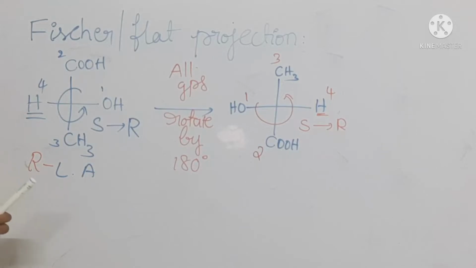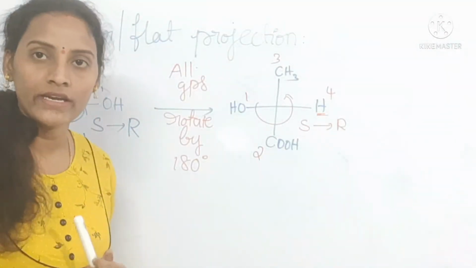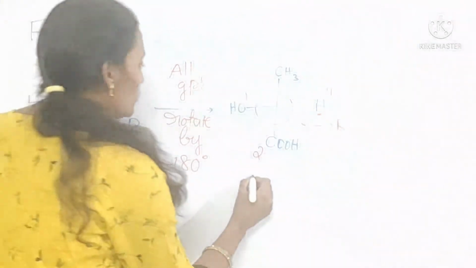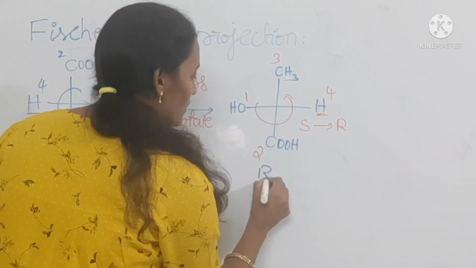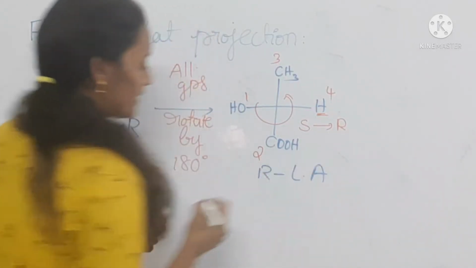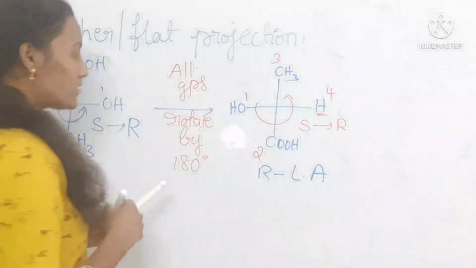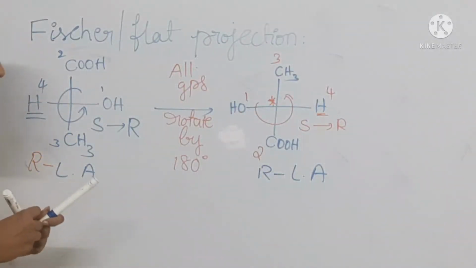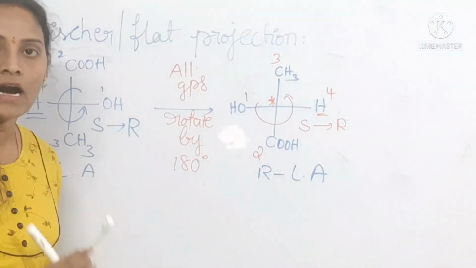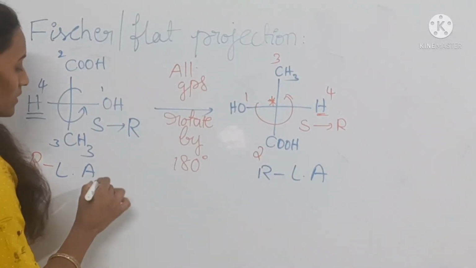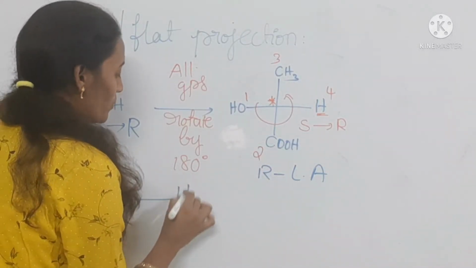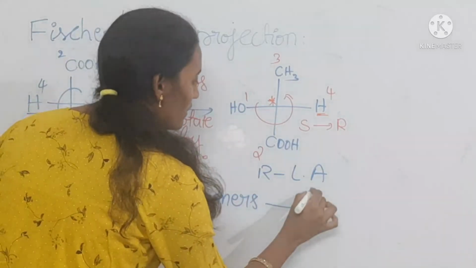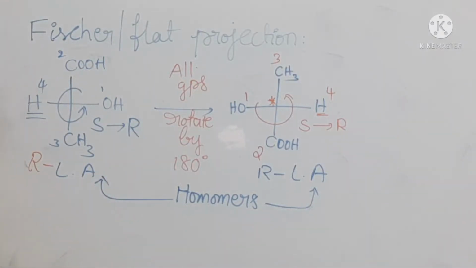Okay, R lactic acid, and the resultant one after 180 degrees rotation of all groups present on this lactic acid, you will get the same R lactic acid. That means the configuration at the chiral centers of these two isomers is the same, that is R configuration, so these two are homomers.